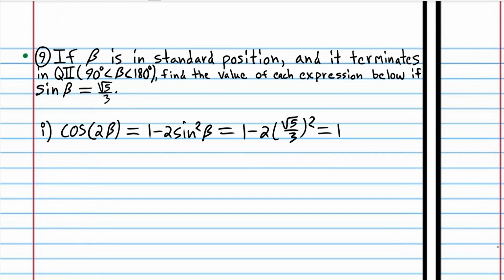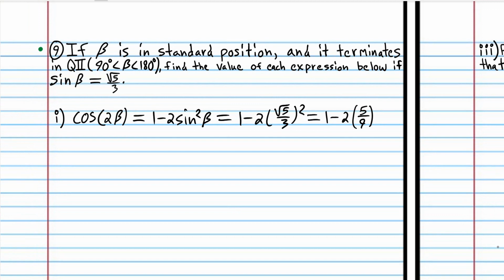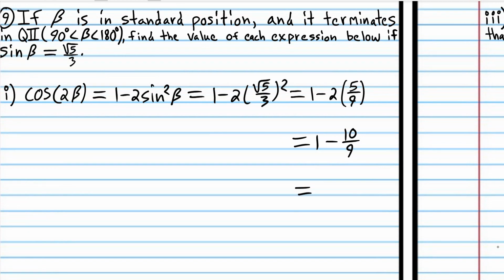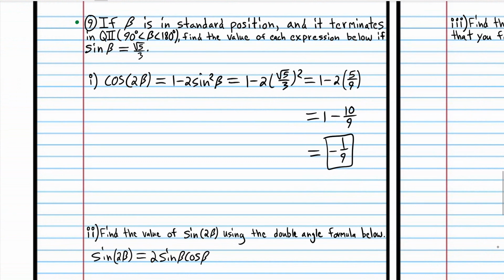And that's going to be 1 minus 2 times 5 over 9. And then we get 1 minus 10 over 9, which is equal to -1/9. So we found the value of cosine 2 beta.